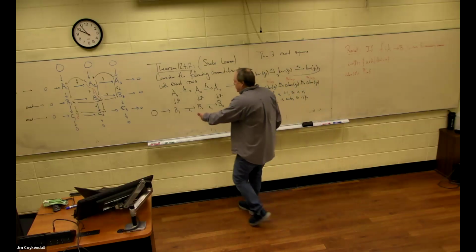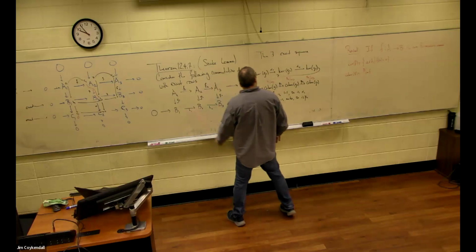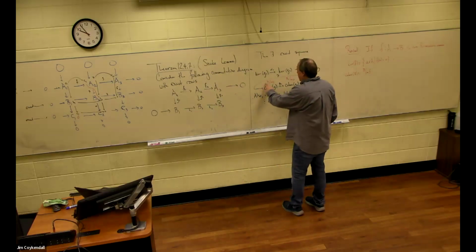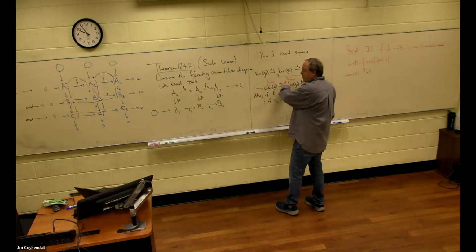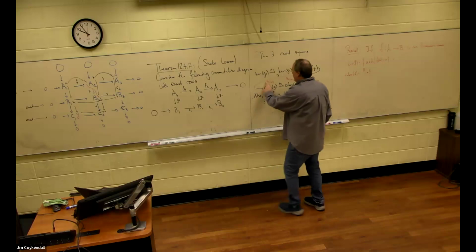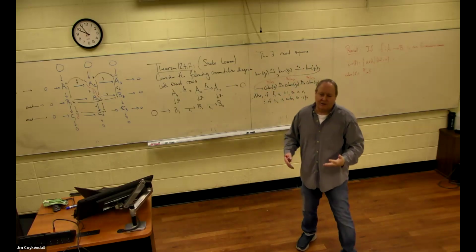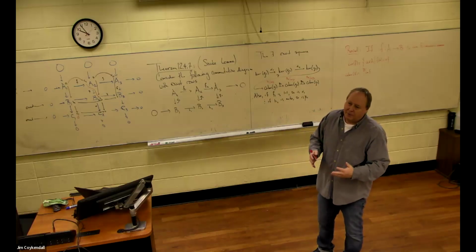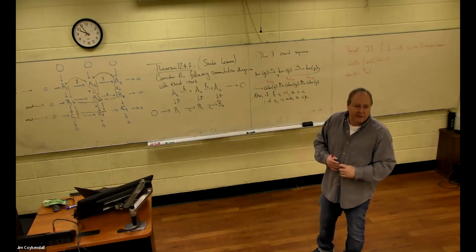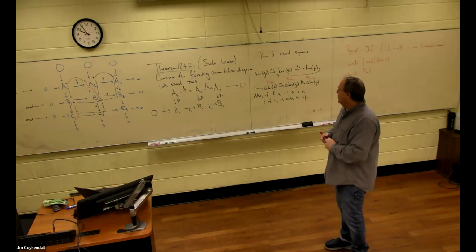You use this map, for example, to take an element B1 mod the image of G1 into B2 mod the image of G2 by using the H that takes the coset representative here to here. Of course, you have to check that this is well defined, which is a pain, but it's not too bad. The exactness sets you up for it.